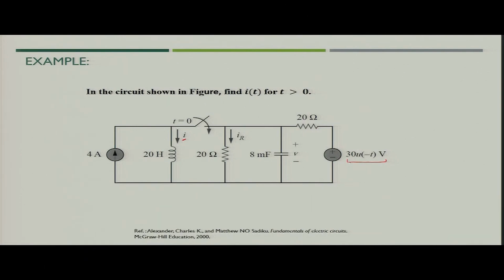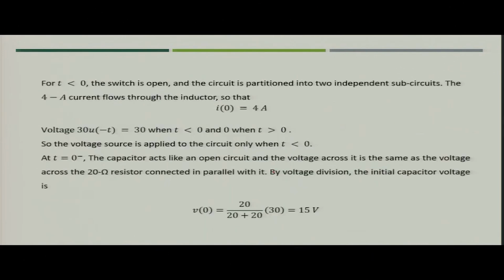This is something you have to keep in mind, because here the unit step function is u(-t). It means the value of the unit step function is 1 for t less than or equal to 0, but it is 0 when t greater than 0. So, with these two things, let us proceed to solve the circuit.